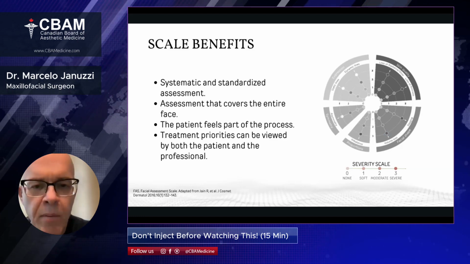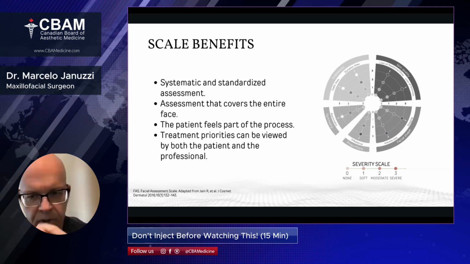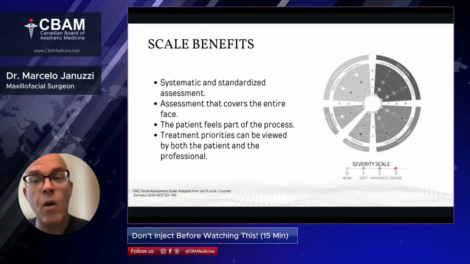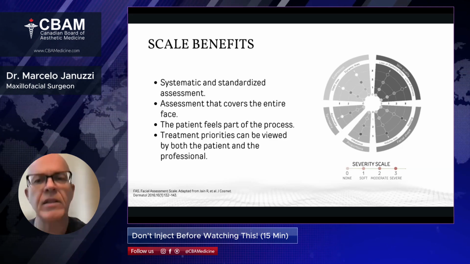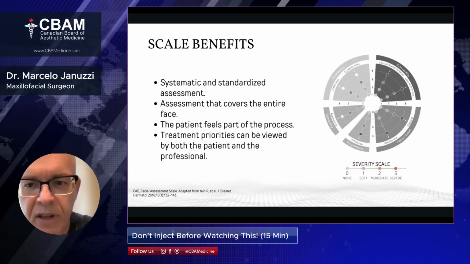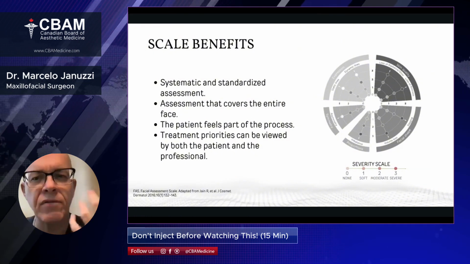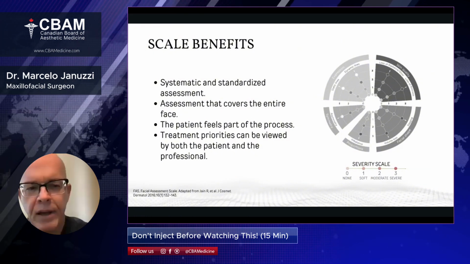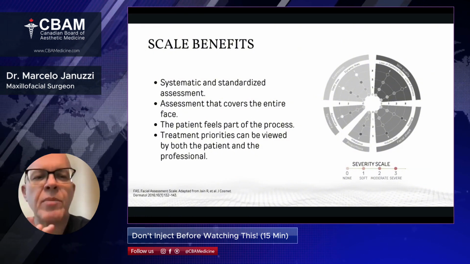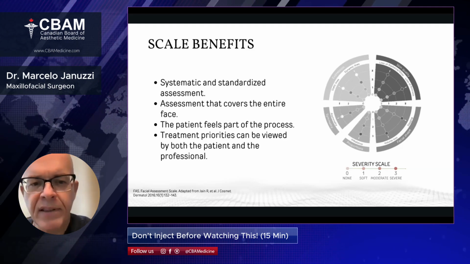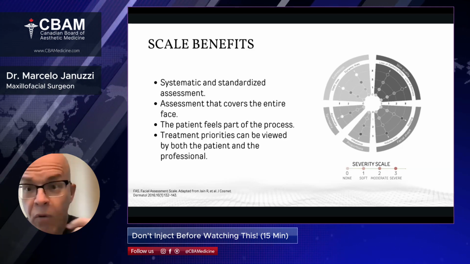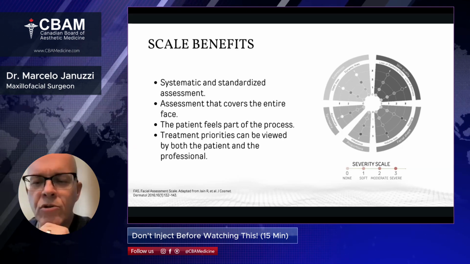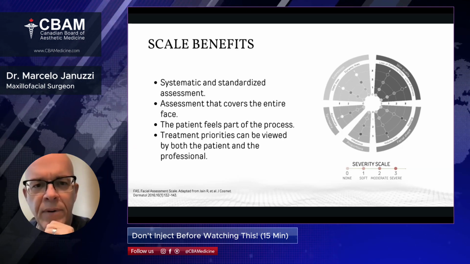So we need to add our opinion, our medical vision, our aesthetic vision, to the patient's expectations and the patient's vision, so with this we can determine the priorities for both patient and us to determine the treatment plan. And it's very interesting.